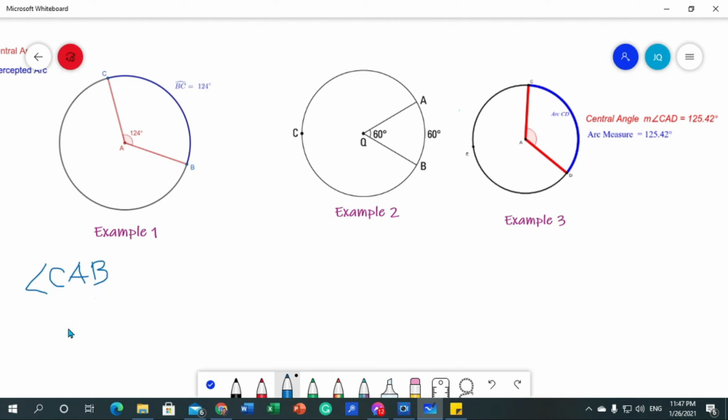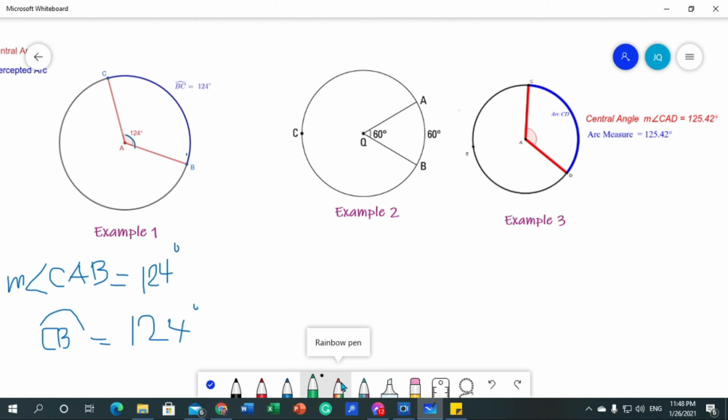Its intercepted arc is arc CB. The measure of angle CAB is 124 degrees. How about arc BC? That's also 124 degrees.